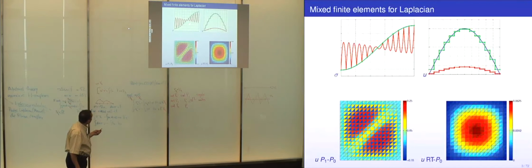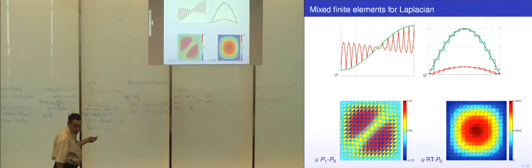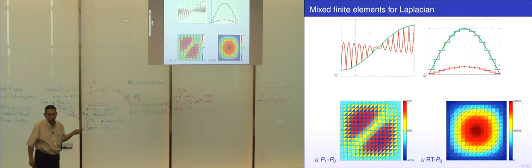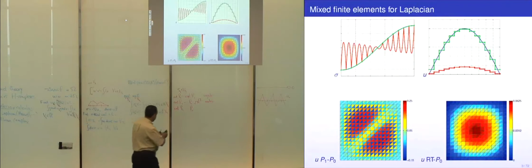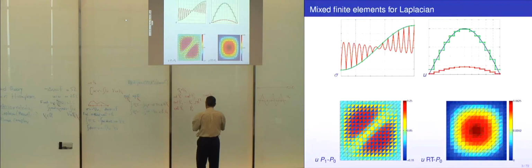And then the second method is the red method. In that one, u is a piecewise constant again, but it does not do a decent job of approximating the solution. And the red sigma is a piecewise quadratic, and it's totally crazy, highly oscillatory, has nothing to do with the exact solution. So this fails. It's not singular, but the computed solution is all wrong.